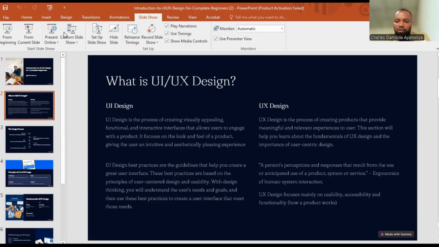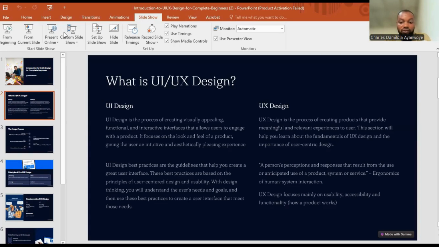A body called Ergonomics of Human System Interaction defined UX as a person's perceptions and responses that result from the use or anticipated use of a product, system, or service. A product can be physical, like I said. At the same time, a product can be something that can be seen, can be digital.